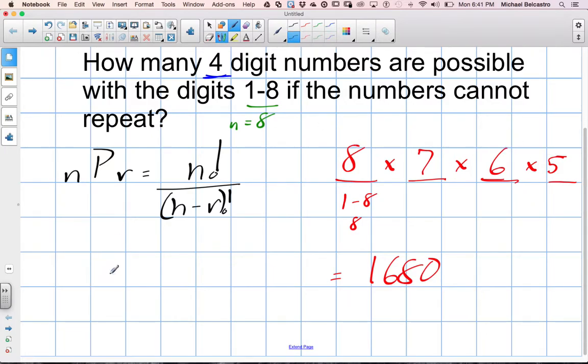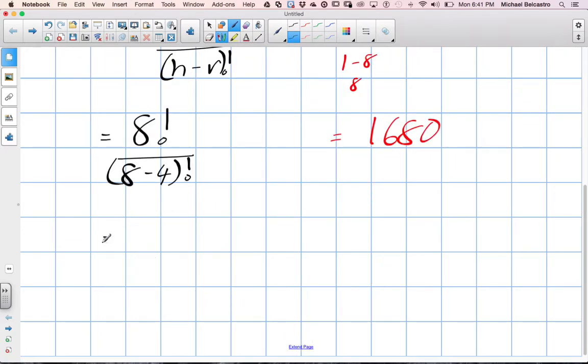When we put it into the permutation, we have 8 factorial over 8 minus 4 factorial, right? Because our 4 was our r value, our 8 was our n value. You go 8, 7, 6, 5, and then we have our 4, 3, 2, and 1.